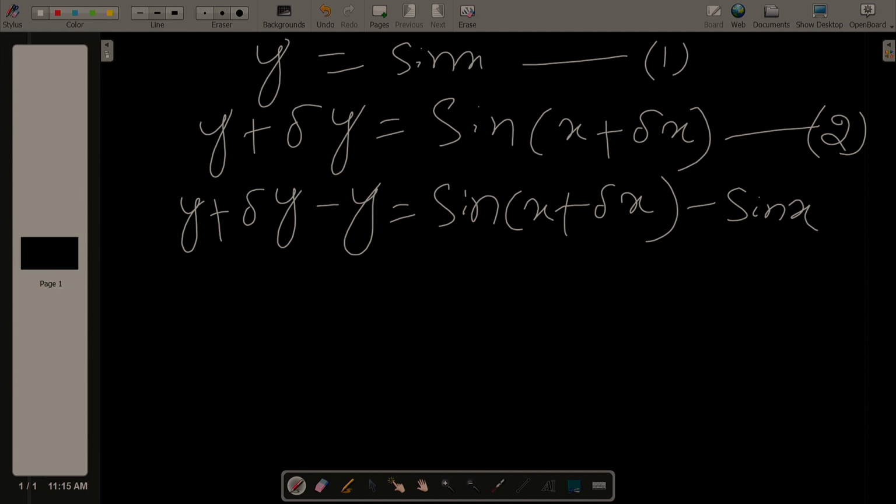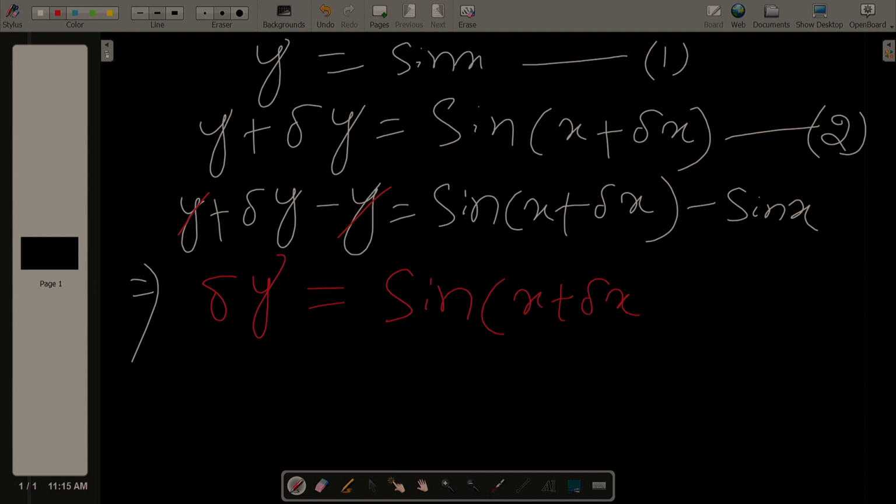Y and minus y will be cancelled. Now you will get del y equal to sin of x plus del x minus sin x.